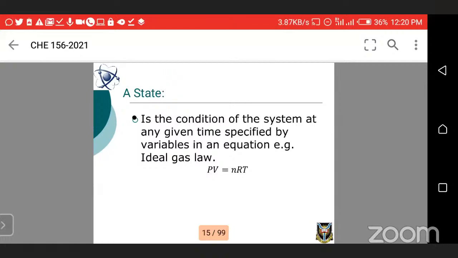For example, in the ideal gas equation, PV equals nRT, where P is the pressure, V the volume, n the number of moles, R the universal gas constant, and T the temperature. So for you to determine one, you must know the quantity of the others.